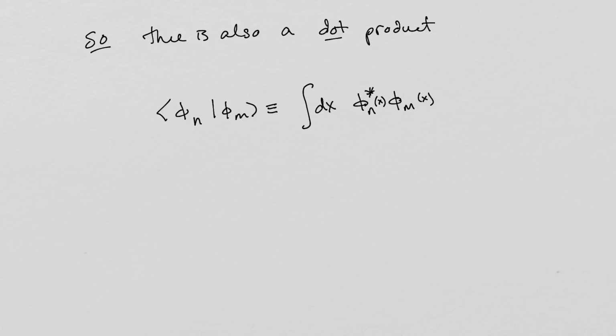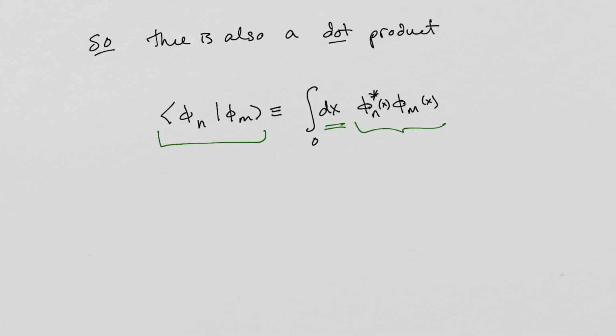And so if I find myself looking at the product of any two functions as a bra and a ket, how I actually calculate that is I multiply the two functions together, and then I sum it over all of the different points along the string, which in this case, of course, my domain goes from 0 to L, but in principle, your domain could be something different from that. Okay, so now we at least have the language to talk about these different basis functions as a function space, right?